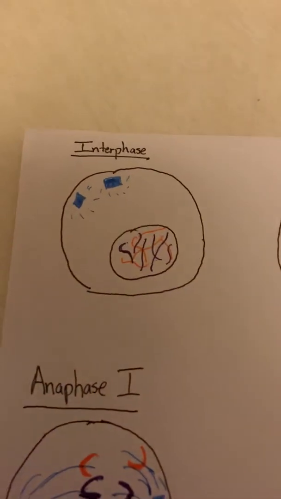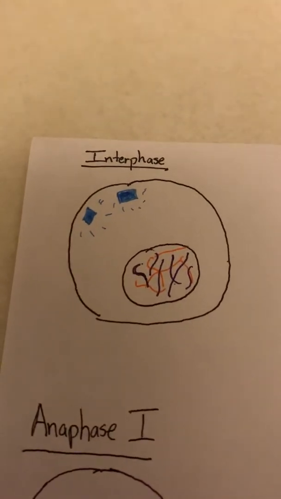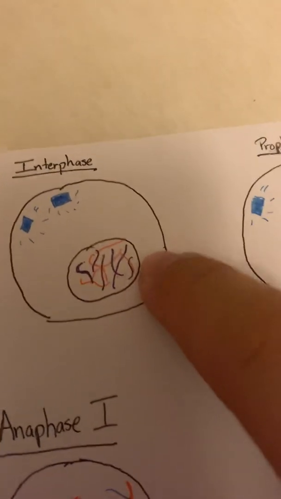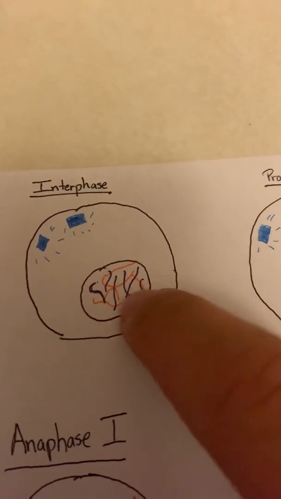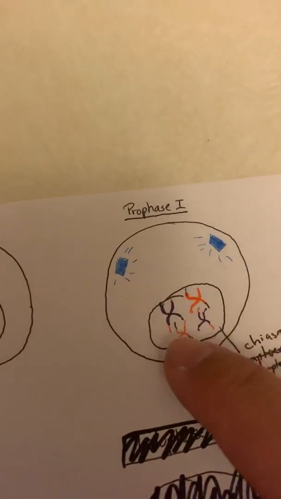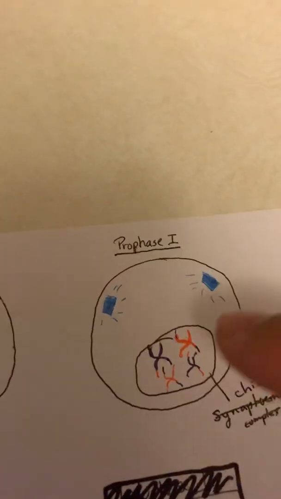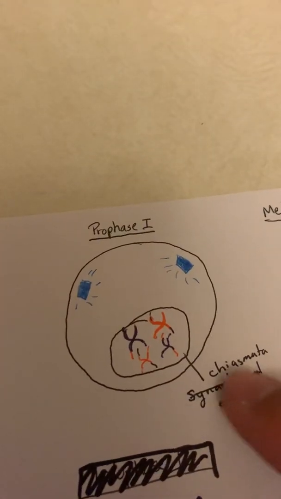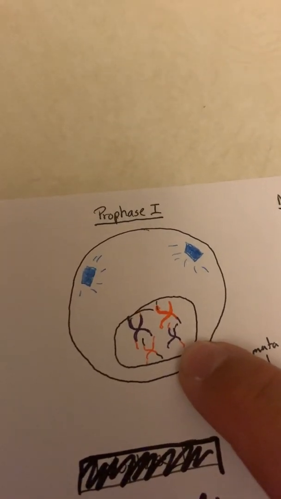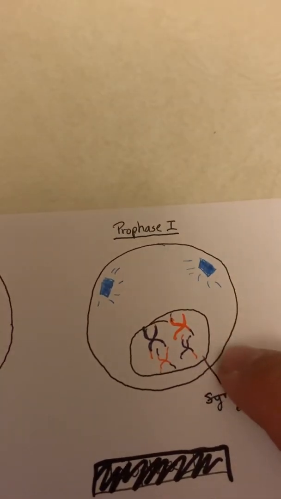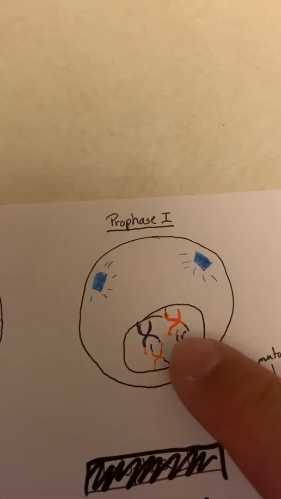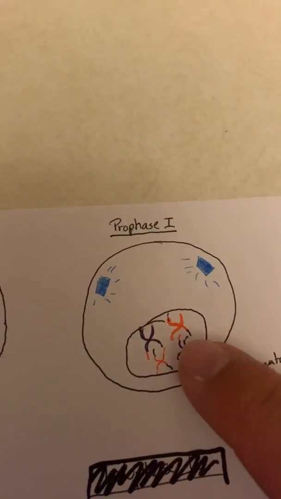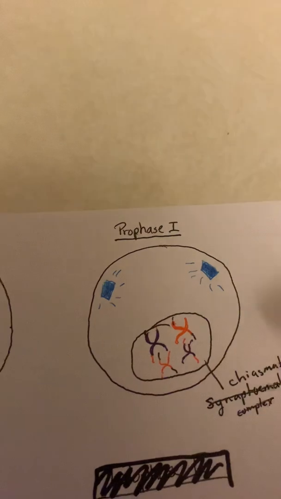Okay, so I'll go ahead and get started. We can start here with interphase. As you can see, it's a cell. Inside the nuclear envelope, you just see a whole bunch of DNA put together. Then we condense it here in prophase 1 into chromosomes, and as you can see, there's crossing over already in prophase 1, which I'll get to a little later, which allows the chromosomes to switch up genetic information within themselves.